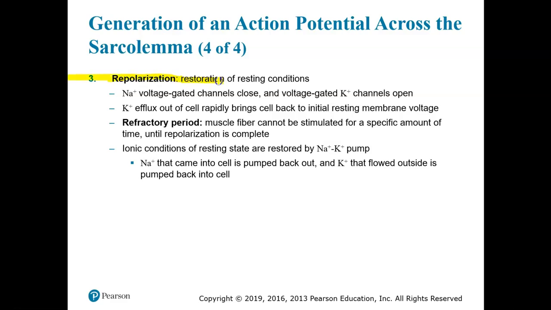Repolarization is restoring the resting conditions, which means the membrane potential is going to become more negative again. So sodium ions coming into the muscle fiber, into the sarcolemma, are going to cause depolarization. Potassium leaving, so we say potassium efflux, causes repolarization.